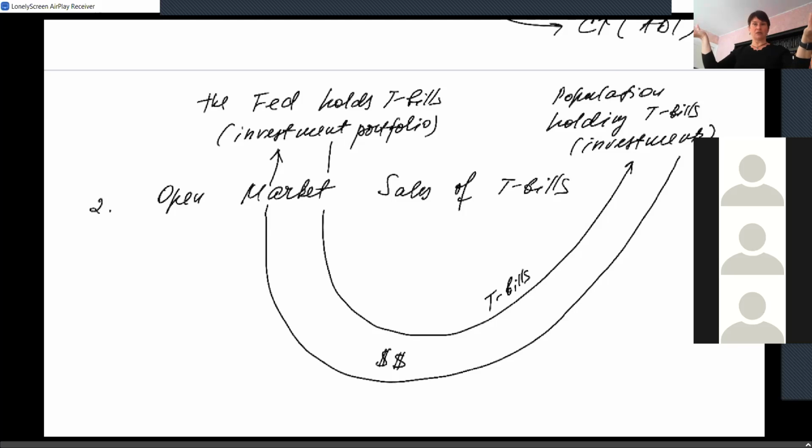Okay. So as the population buys treasury bills from the Fed, it takes cash. The Fed says, don't send me cash, send me checks. So you pull out your checkbook and you write a check. Pay to the owner of the Federal Reserve $5,000. The Fed takes the check, cashes it against your checkable accounts, and we have a withdrawal.